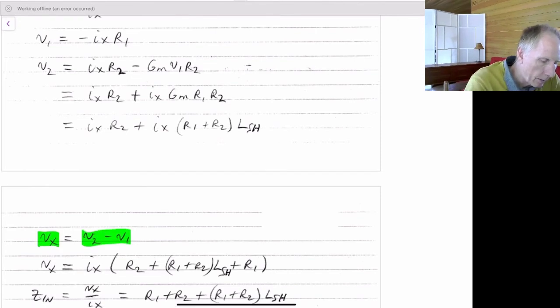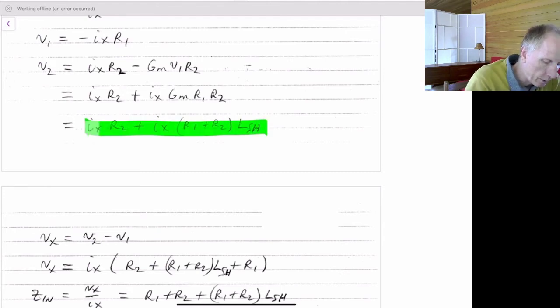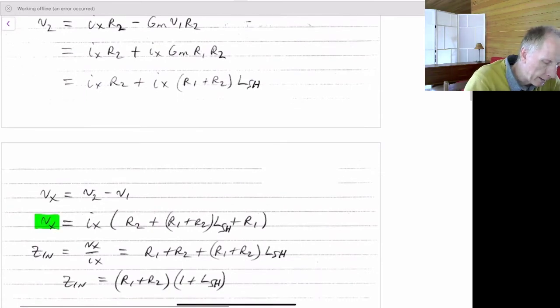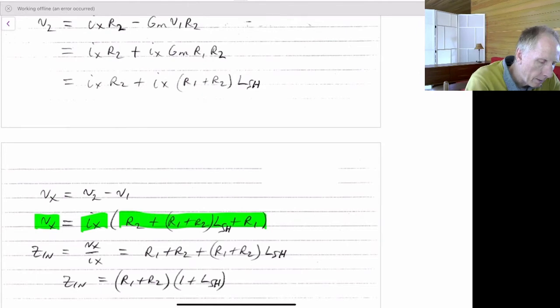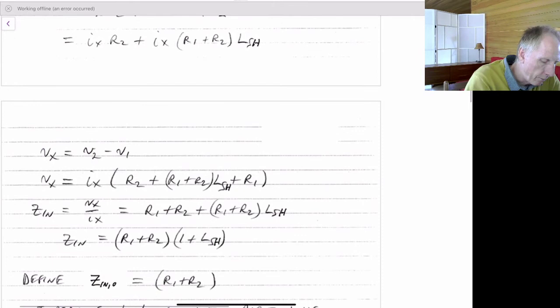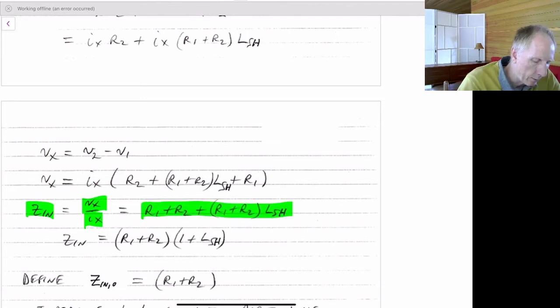So we want to subtract this voltage and subtract this voltage, which would be adding that voltage. If we do that, we'll find that Vx is equal to Ix times all of this. And then finding the actual input impedance, which is Vx over Ix, will be given by this result here.